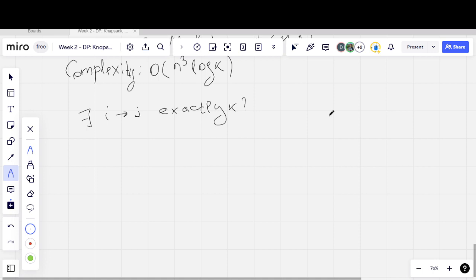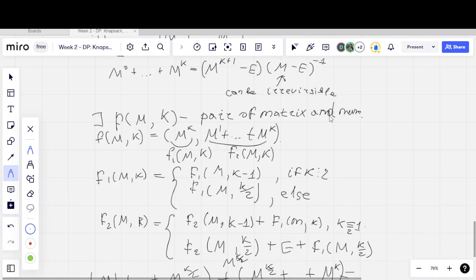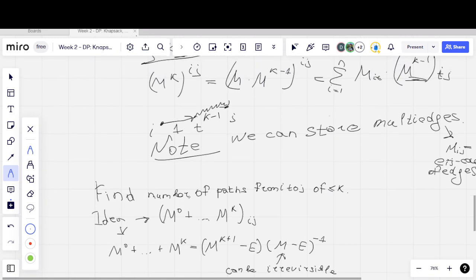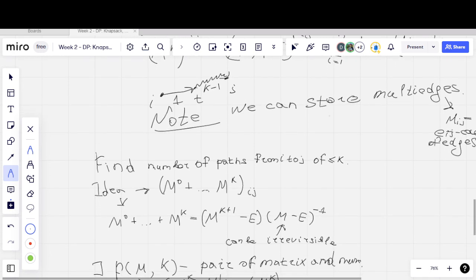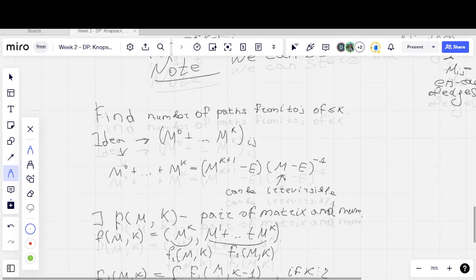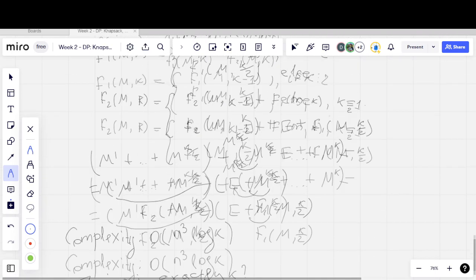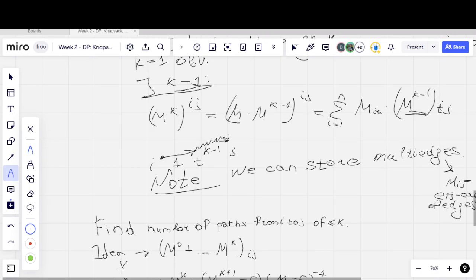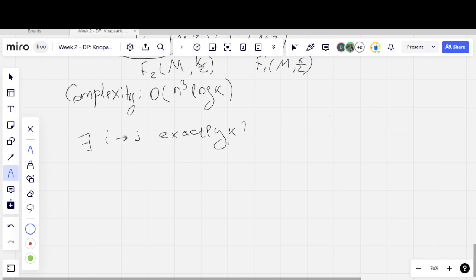Can you explain the question? Find whether a path exists or not from E to G of length exactly K.